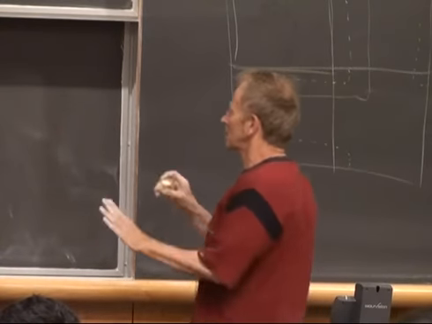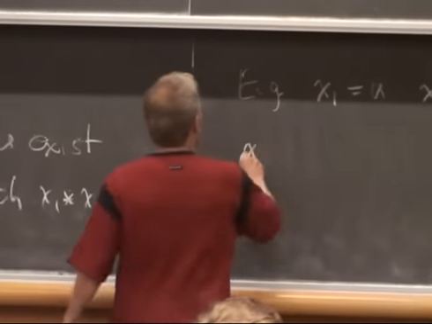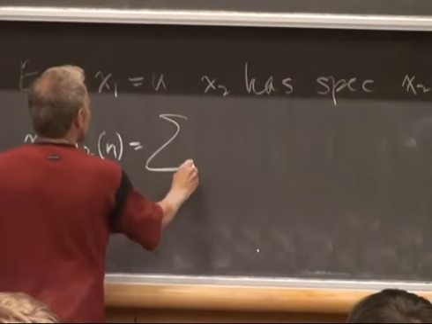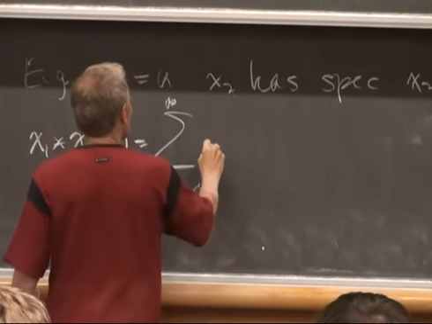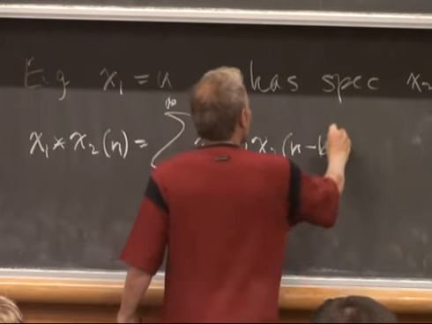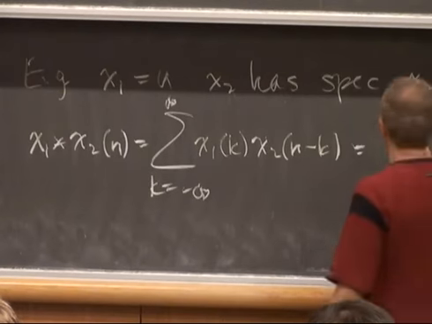So this satisfies none of the criteria, but we can do the summation to get x1 convolved with x2 of n. Sum from k equals minus infinity to infinity, x1 of k, x2 of n minus k. x1 of k is 1 for k bigger than or equal to 0, 0 for k less than 0.